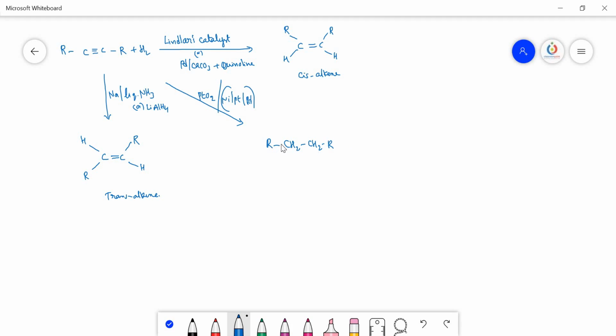So complete reduction will be there. So these two catalysts partially reduce the alkynes to the alkenes, whereas this particular combination, platinum oxide, is a separate combination, and any of these metals with the hydrogen is a separate combination. If you subject it to this catalyst, directly you will get the alkane as the final product.